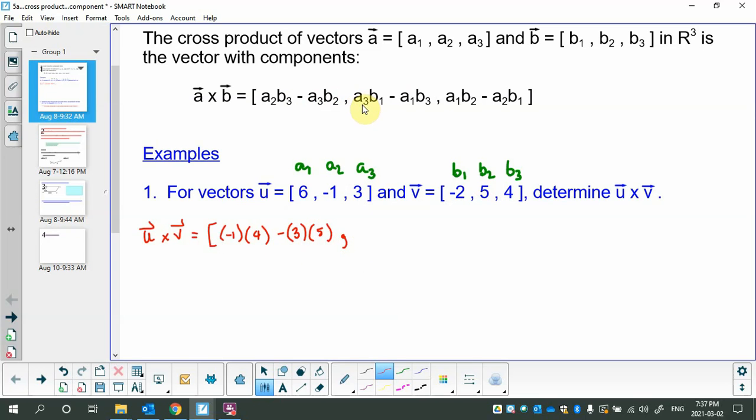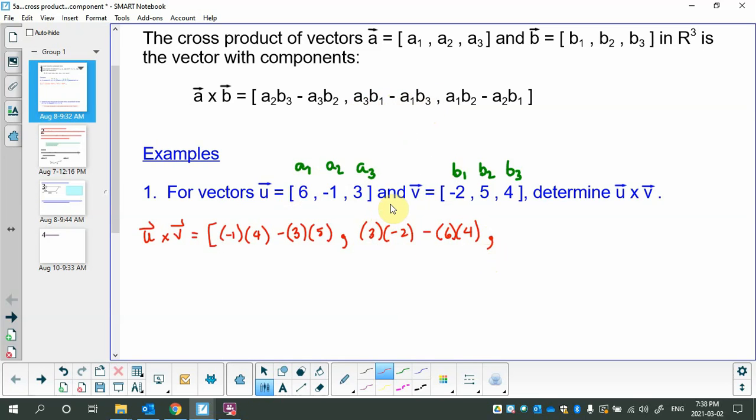Next part, the third A multiplied by the first B, subtract the first A multiplied by the third B, big comma.